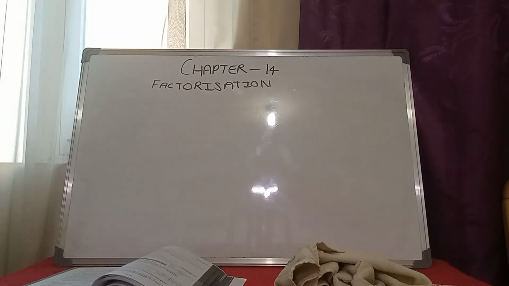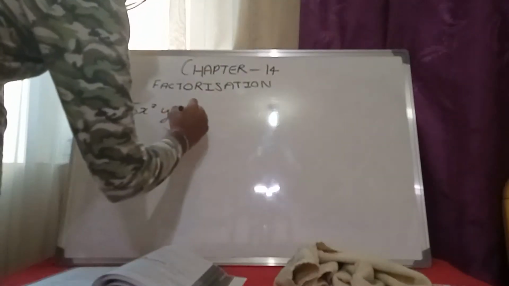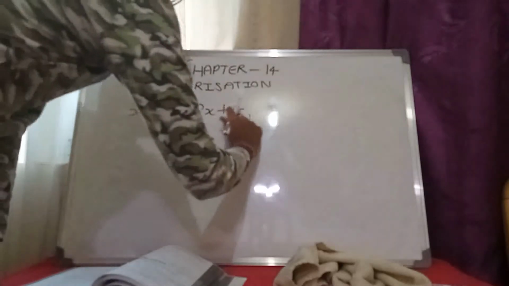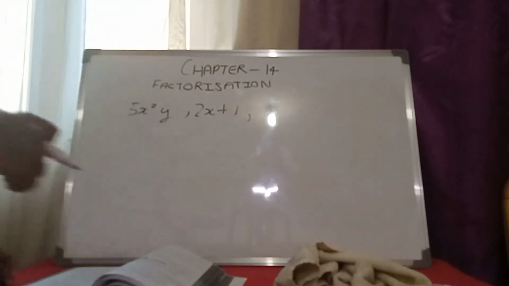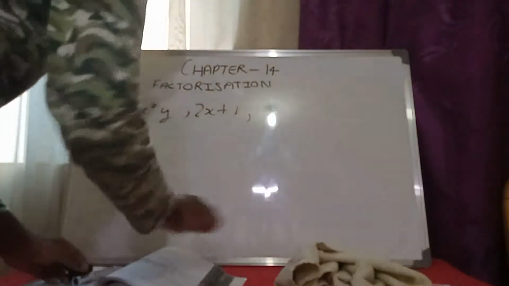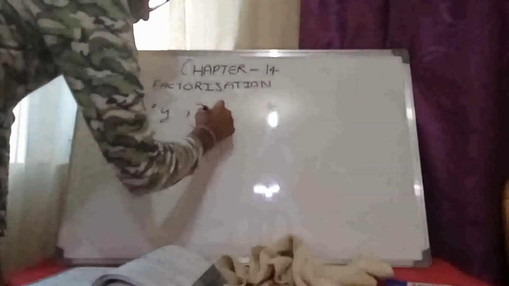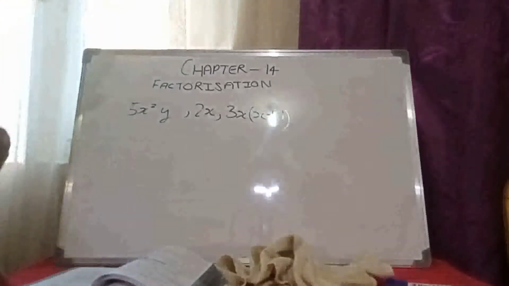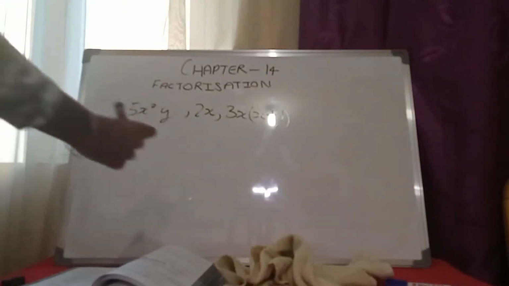Likewise we can show 5x square y, or 2x, then 3x into x plus 1, etc. These can be shown as factors, as terms that we get after multiplying.